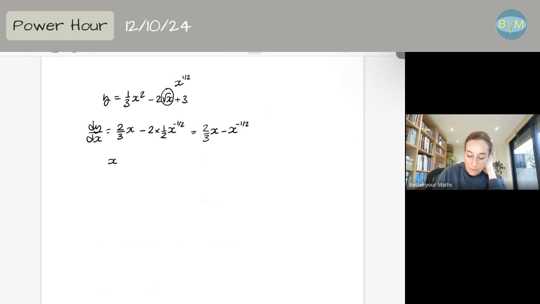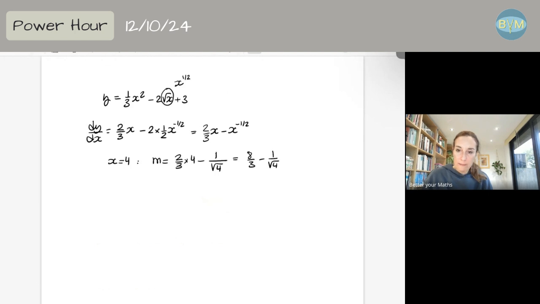When x is 4, I'm going to find the gradient. So the gradient is going to be 2/3 times 4 minus x to the power of minus a half, which is like having 1 over x to the power of a half, so root 4. I can do this with a calculator, though I don't think it's going to help much. That's a horrendous gradient, no?